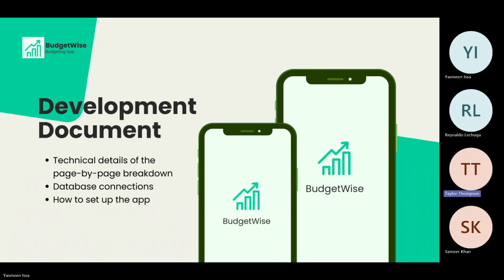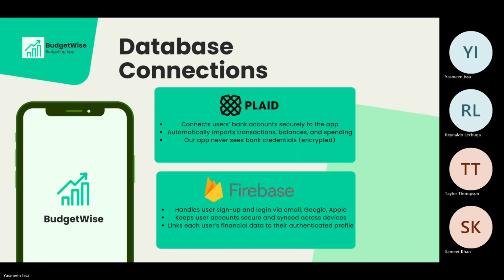We showed the database connections, which we'll get into more on the next slide, and we also gave instructions on how to set up the app. For our database connections, we decided to go with Plaid, and it's going to make it easier for users to connect bank accounts securely onto the app. And for cybersecurity purposes, we decided to go with Firebase, and this will handle the user sign-ins and logins.